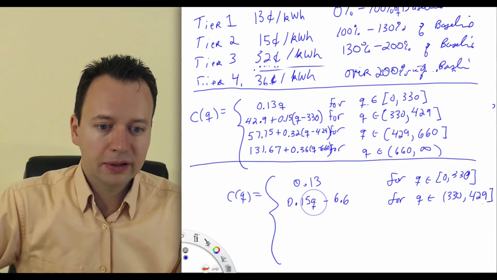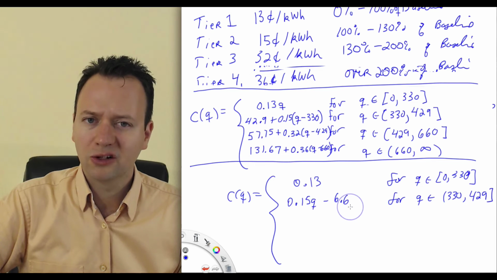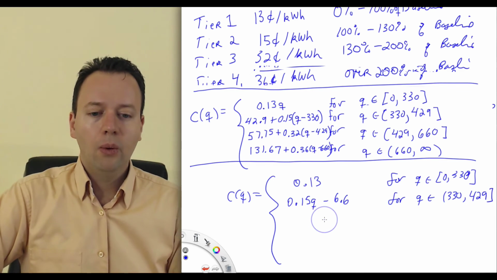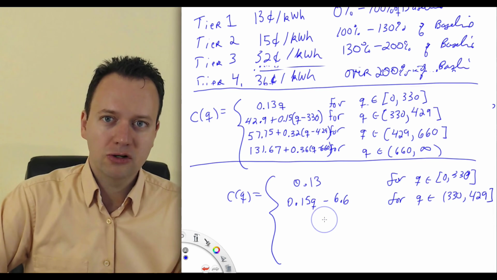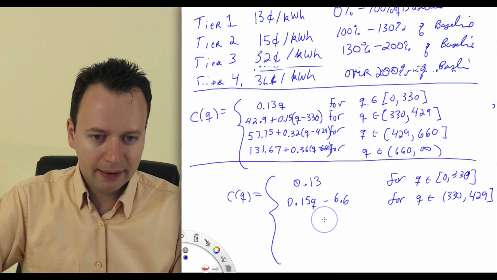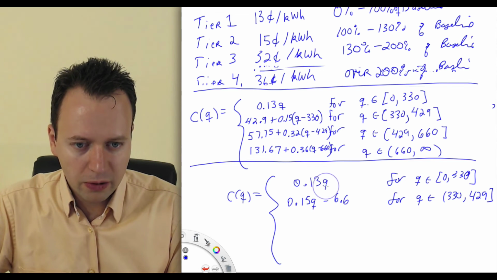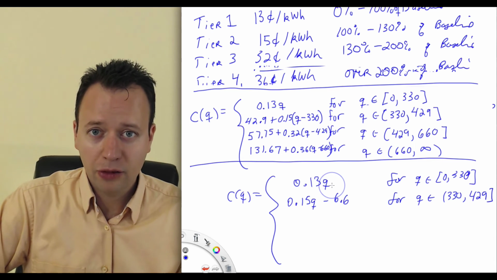Now that looks weird, right? 0.15 Q minus 6.6. What's going on there? Well, the minus 6.6 has a simple physical interpretation. Let's say your bill's exactly baseline, exactly 330 kilowatt hours.